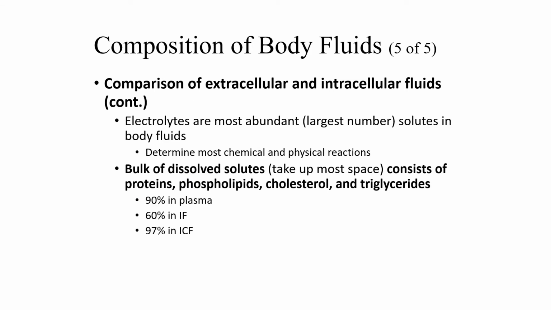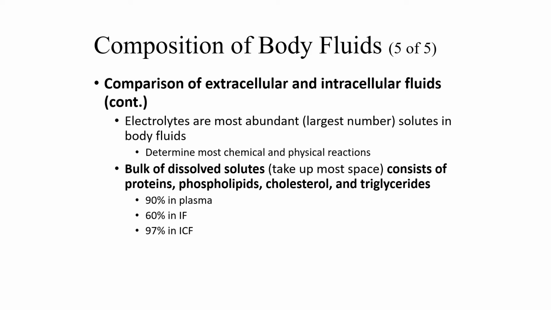So when we look at this, we know electrolytes are the most abundant solutes, and the bulk of the dissolved solutes, in other words, what takes up the most space, is protein, phospholipids, cholesterol, and triglycerides. All right?